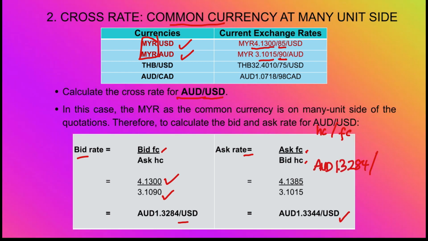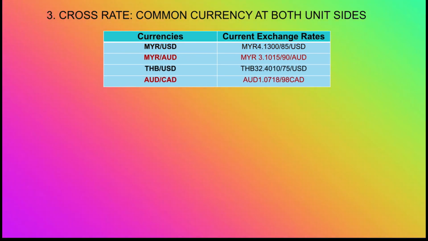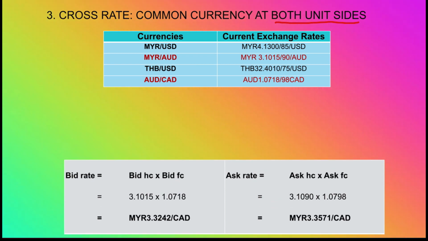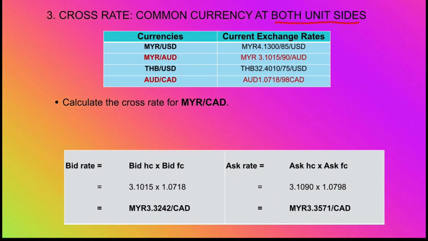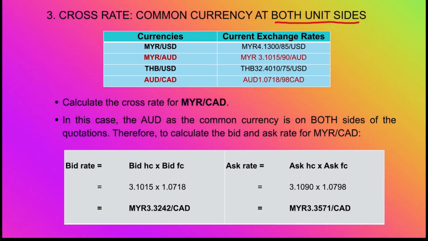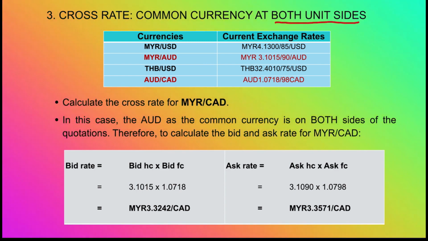Alright, so let's look at the last way: cross rate with common currency at both unit sides. For this example, we calculate the Malaysia ringgit per Canadian dollar. So here you have to find Malaysia ringgit and Canadian dollar.